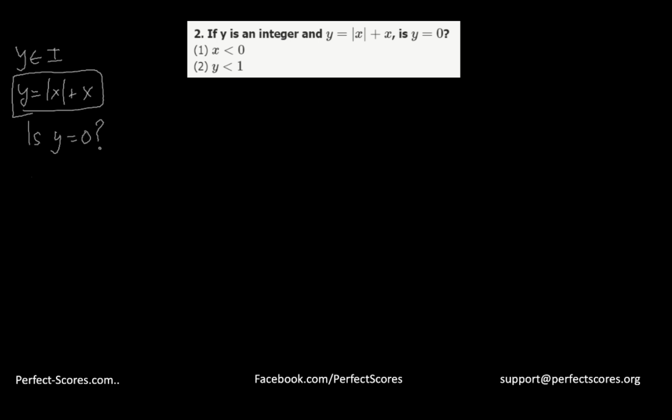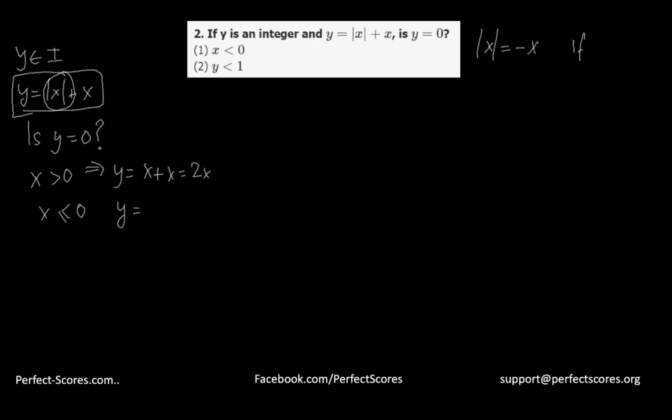Now if x is greater than 0, which means if x is positive, absolute of x is actually equal to x, so that is x plus x, which is equal to 2x. If x is actually less than or equal to 0, so if x is negative, then absolute of x is equal to negative of x.